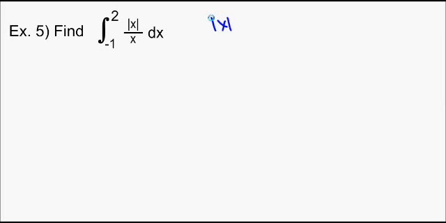So if I evaluated absolute value of x over x when x is greater than 0, if I put in a 2, I would get 1. But if I did this for x less than 0, like a -7, I'd have 7 divided by -7, which will give me a -1.